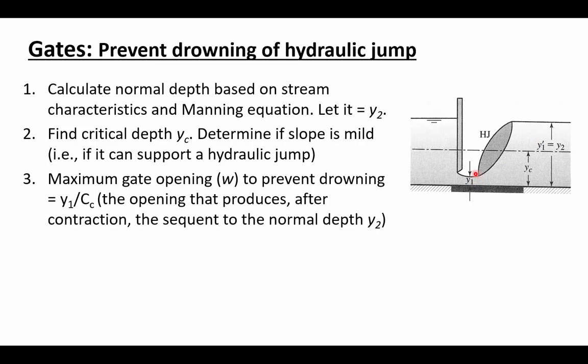So Y1 means the supercritical depth that has the same amount of momentum function as the downstream depth. And so then how high you can open that gate, it shouldn't be opened more than Y1 divided by the coefficient of contraction. So Y1 over the coefficient of contraction will tell you how much you can open up the gate.